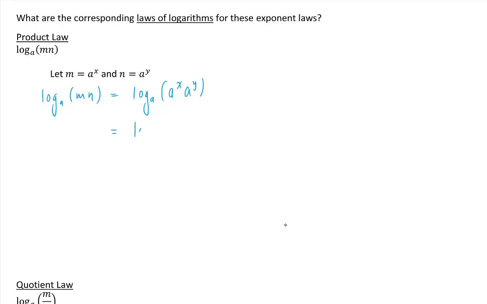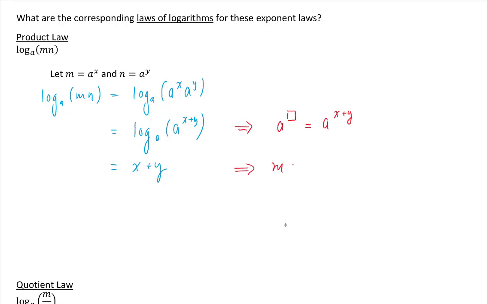Using our exponential rules, that's log base a of a^(x+y). So this is saying, what exponent raised on a is equal to a^(x+y)? Well, this is the same as x plus y. That's our exponent.